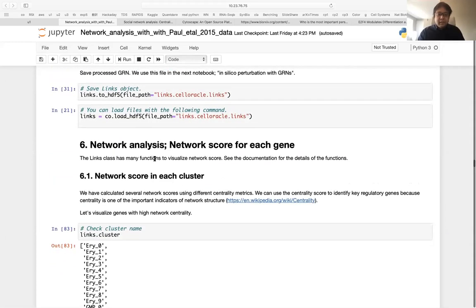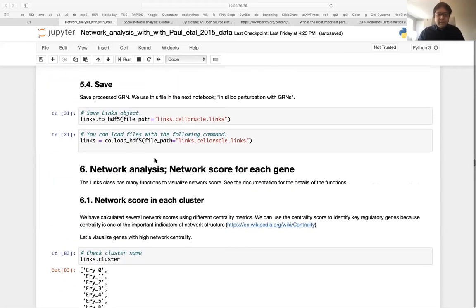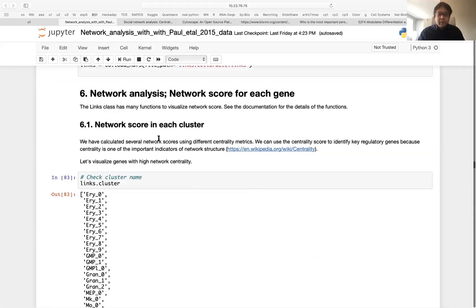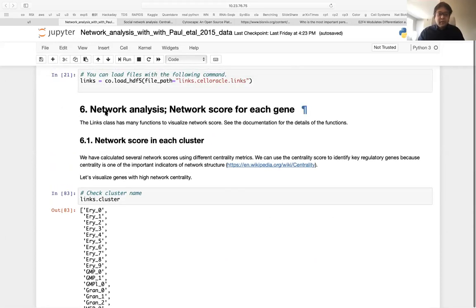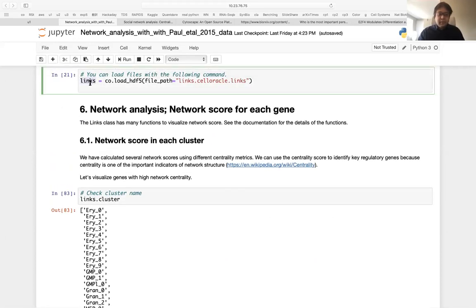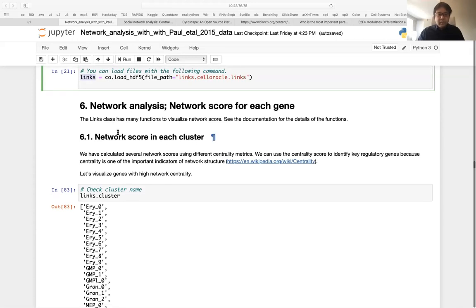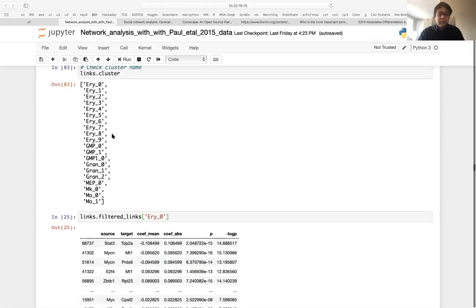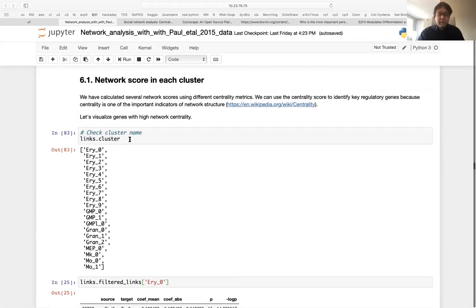In the last session we finished calculation of your GRN, so hopefully your network was saved. Sorry, your network was in this links object. So now I'm going to show how to look at your data.